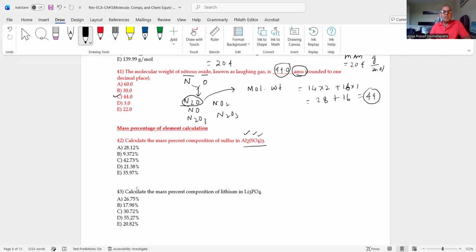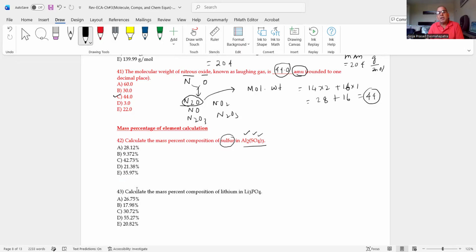They are asking to calculate the mass percent composition of sulfur. Whatever the total mass of the aluminum sulfate, the molecular weight, it came from the individual contribution of aluminum, sulfur, and oxygen. They are trying to know how much is the percentage contribution of sulfur towards the mass of the entire compound.